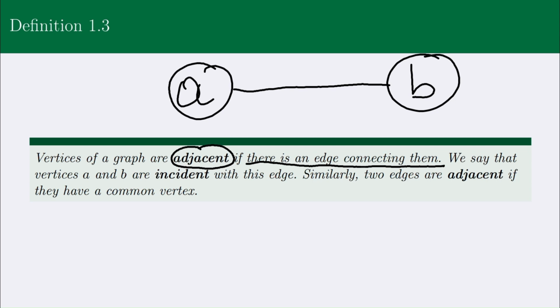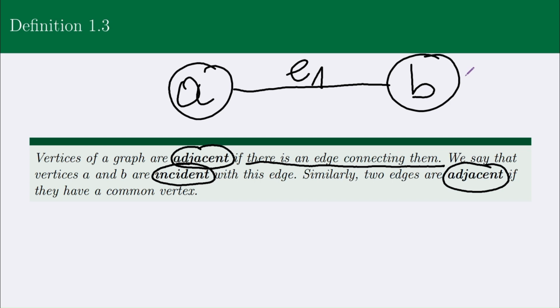We say that vertices A and B are incident with this edge. So let's assume that here is the edge E1. E1 is incident with A, and also E1 is incident with B. Similarly, two edges are adjacent if they have a common vertex.